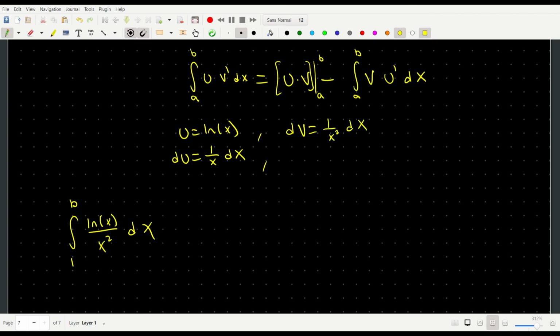So this is our v prime dx. And therefore v is going to be the antiderivative of 1 over x squared, which is equal to negative 1 over x.